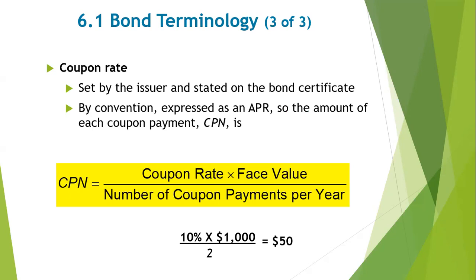For example, you see here a $1,000 bond with a 10% coupon rate and a semi-annual payment will pay coupon payments of 10% times $1,000 divided by 2, and 2 is the semi-annual payment, which will give you $50 every 6 months.